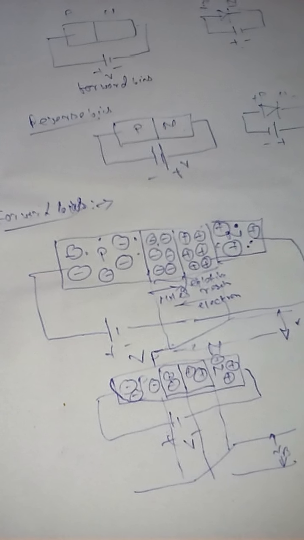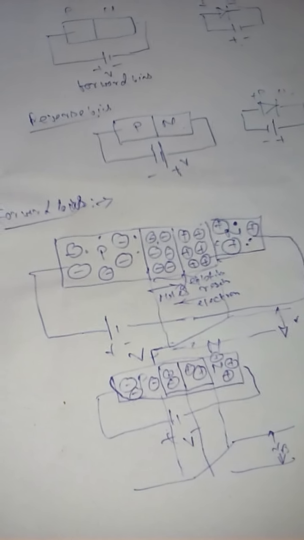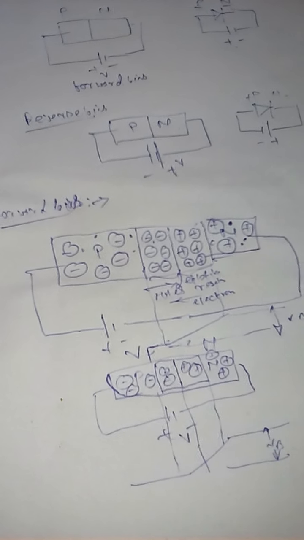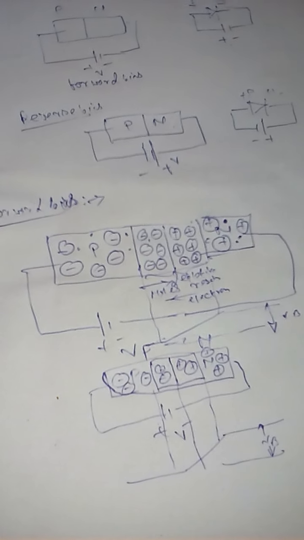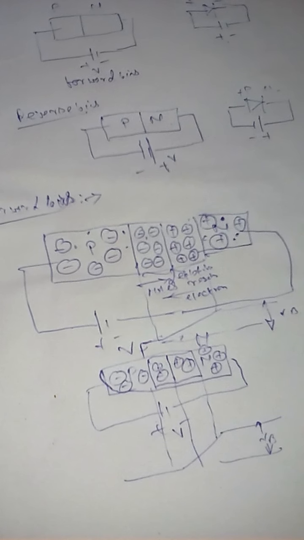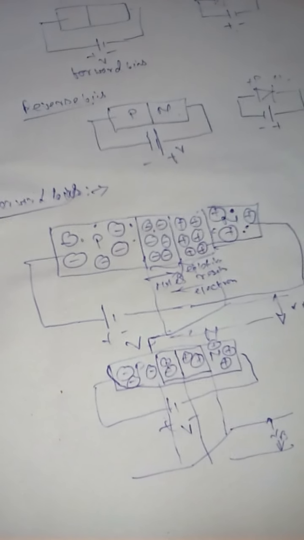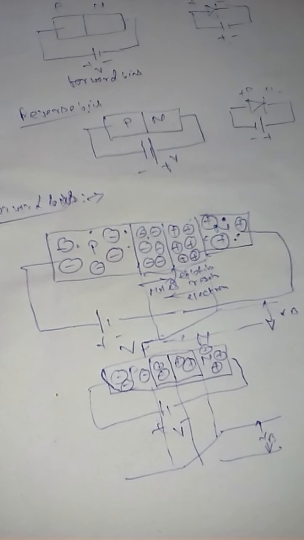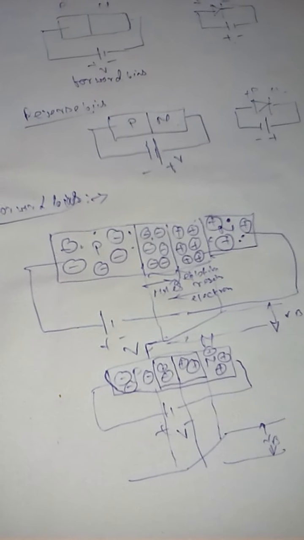When the electron breaks the bond, a hole is created. The hole drifts towards the junction, and the external current is due to the movement of electrons only. In other words, the current in the PN junction is the sum of the electron current in the N region and the hole current.